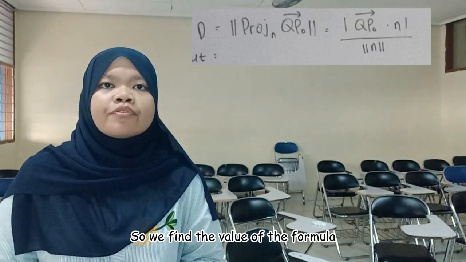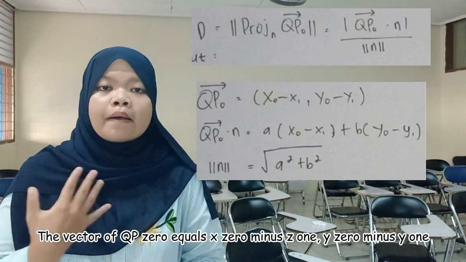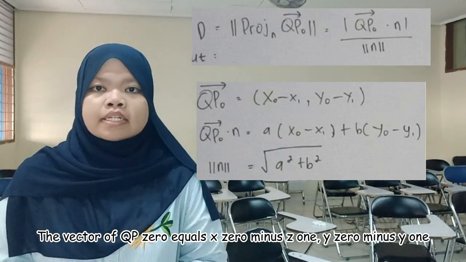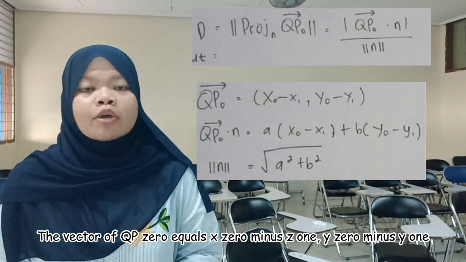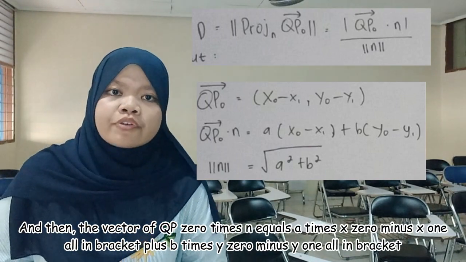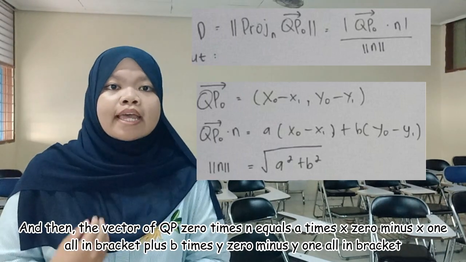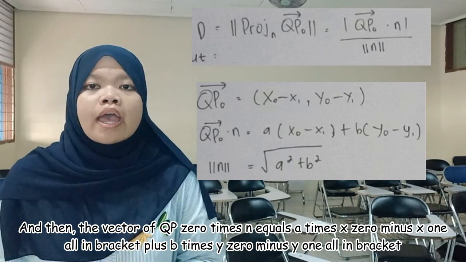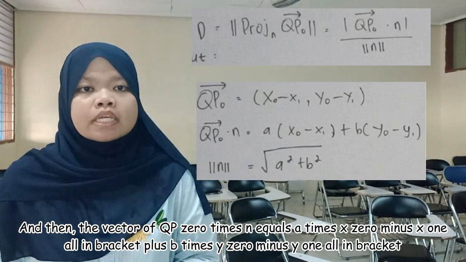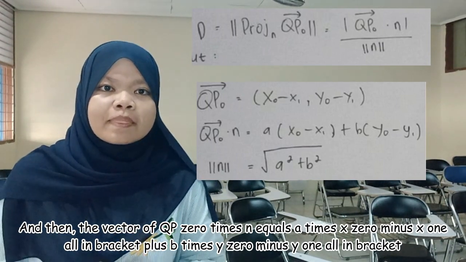So we find each value of the formula. The vector QP0 equals (x0 minus x1, y0 minus y1), and then the vector QP0 dot n equals a times (x0 minus x1) plus b times (y0 minus y1).